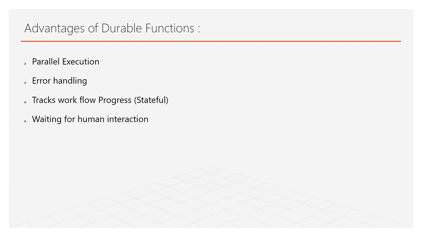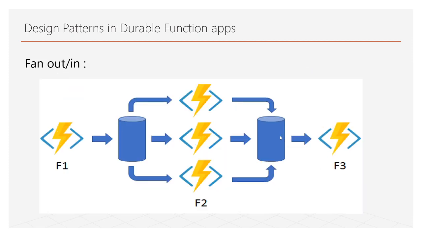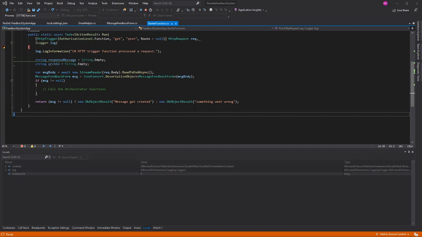Function 1 has to understand that an error occurred in function 3 so that it will terminate or retry. We will deal with those things as well, and if time permits I will show you the parallel executions as well. So let me start my functions over here.